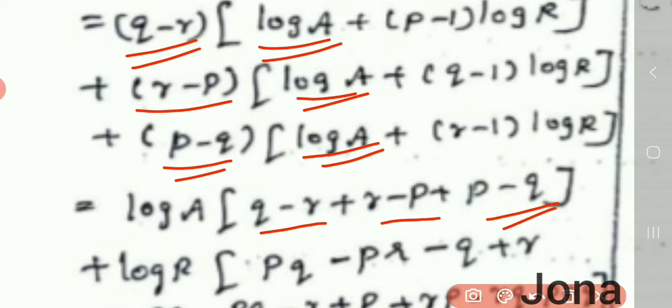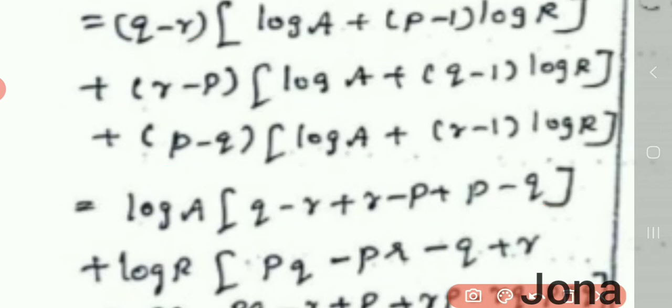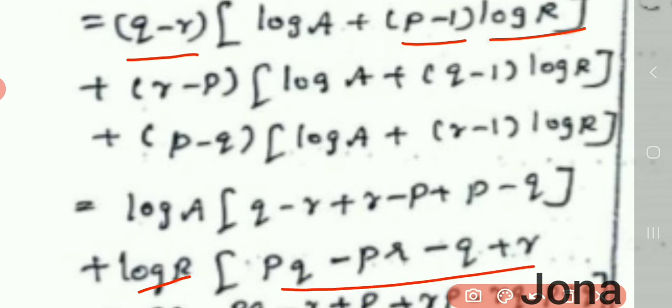So we separated the log a terms here, and then we have log r from the second term. So take log r as common here, and from this term q minus r into p minus 1. So we want to multiply both the things. That is pq minus pr minus q plus r from the first term, and then from the second term, log r is common.